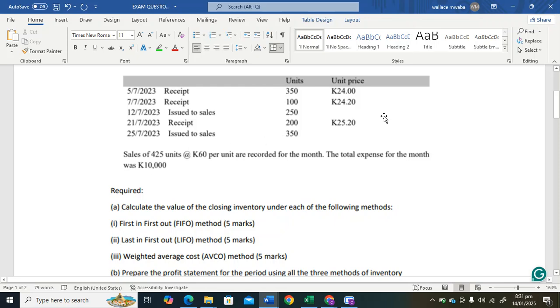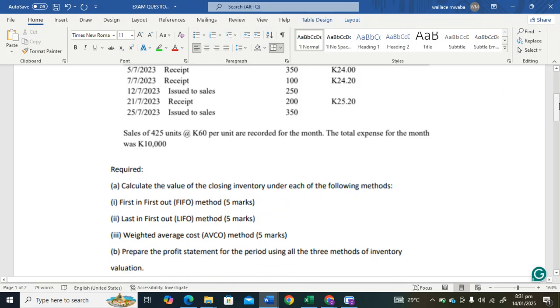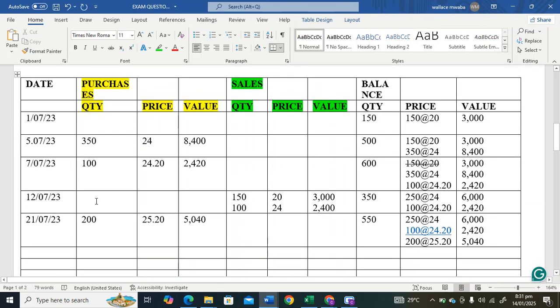Issued sales, 350 goods. So that's the 25th. So we've sold 350 goods. So we come to our batches.